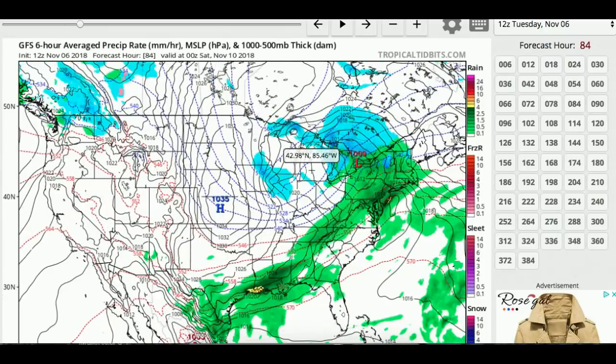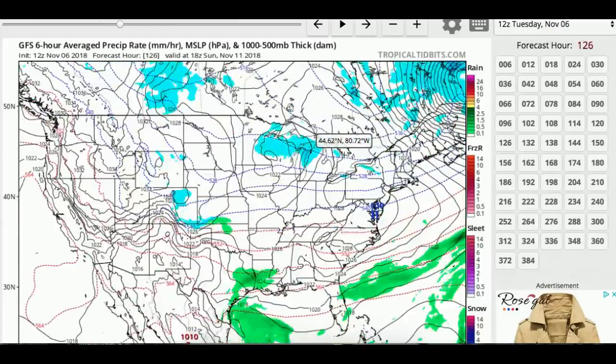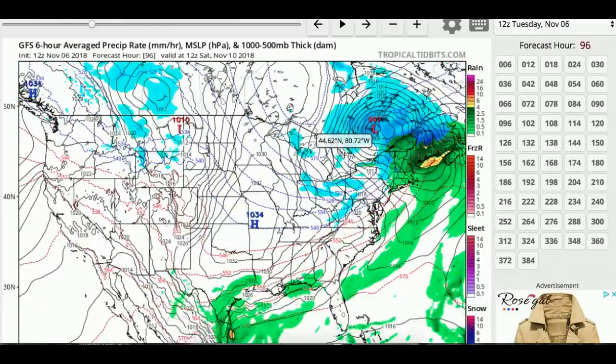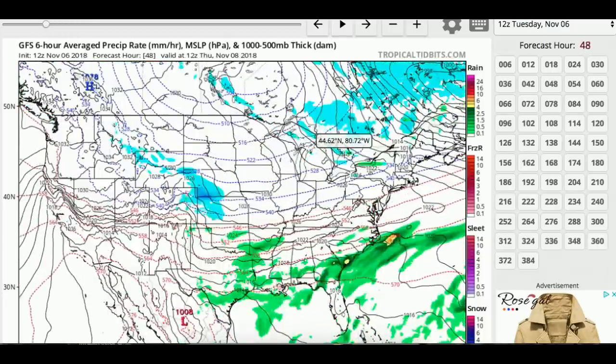And if this system were to strengthen somewhere around here, like it is strengthening but a little bit further to the northeast, then we could be seeing some significant snows in the US. But this will be mainly reserved for Canada and parts of northern Maine. As we pass through this, you could see parts of northern Maine, northern New York, and mainly rain though for the rest of the northeast.